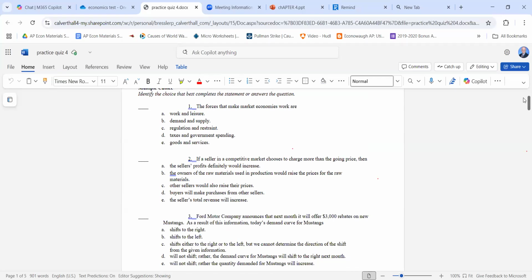So if they choose to charge more, say everyone in the school is selling ice cream for $1 a gallon, and you charge $2 a gallon. No one's going to buy from you because they could buy from everyone else. So buyers will make purchases with other sellers. Does that make sense?